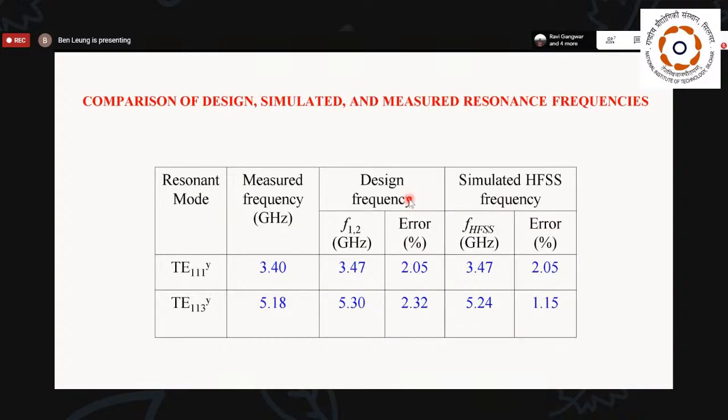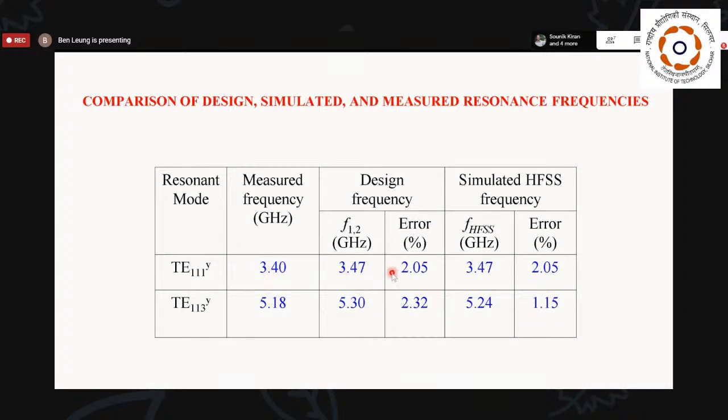Now, this is a comparison table for our design, simulated, and measured resonant frequencies. This is the fundamental mode. Our design frequencies are given here, 3.47, 2.0, and 5.30. And this error is compared with this measurement.